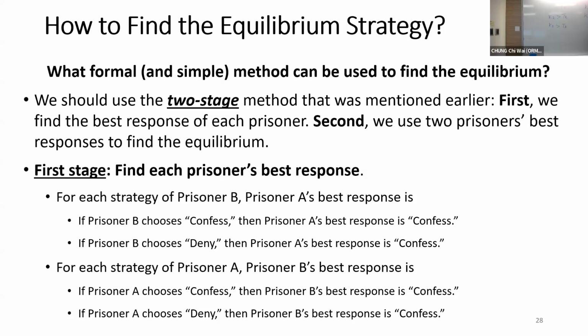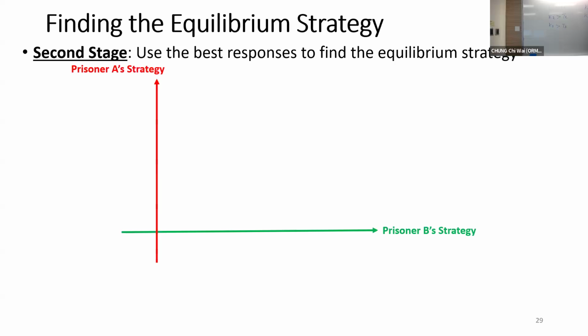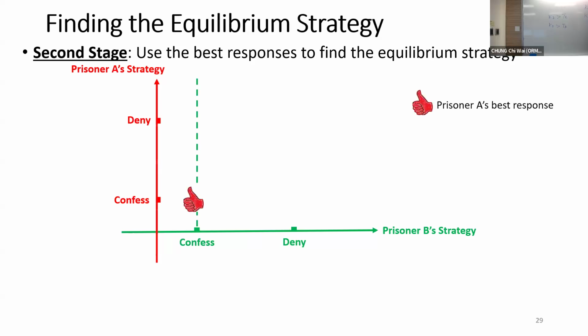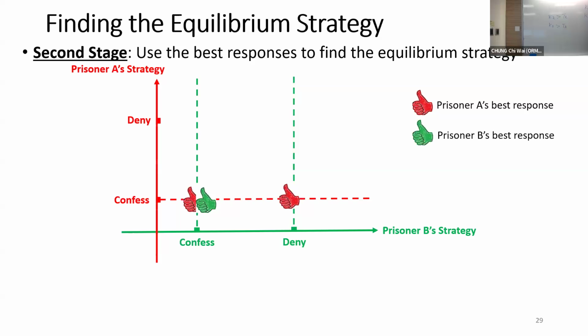Right? So next we use a graphical method. So if prisoner B chooses confess or deny, then the best response of A is confess. If the other player chooses deny or confess, then the best response of prisoner B is confess.